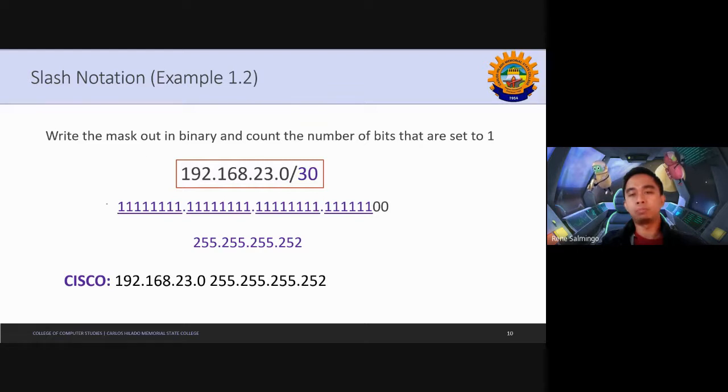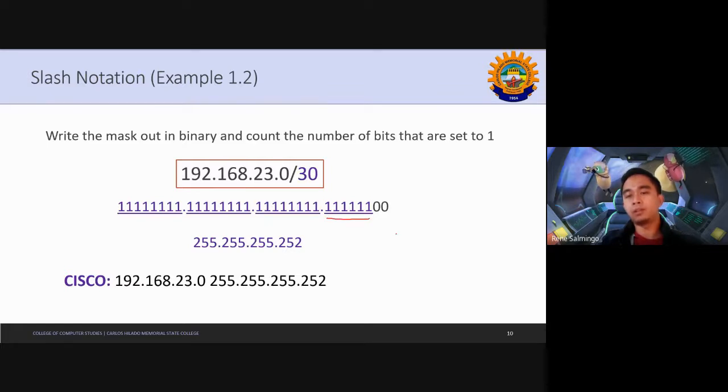So how are we going to compute the mask for this example? Since IPv4 only stops at 32 bits, when we have a slash 30, you're just going to subtract 2. So this one is not allocated. What is allocated in this part is only this.